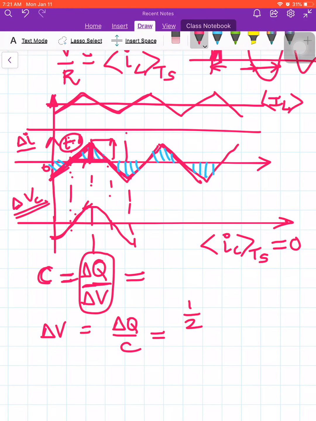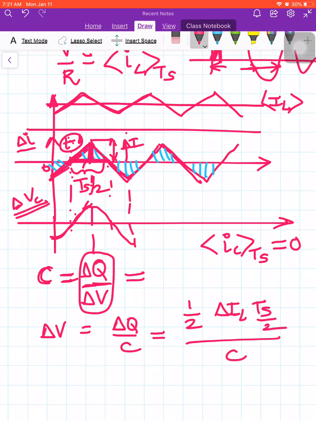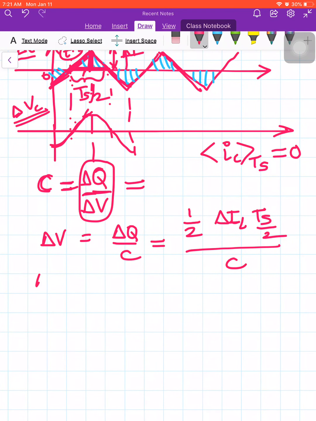This is delta I. We already know the expressions for delta I. So half into delta IL into, how much is this period? This is Ts by 2 into Ts by 2, divided by C.